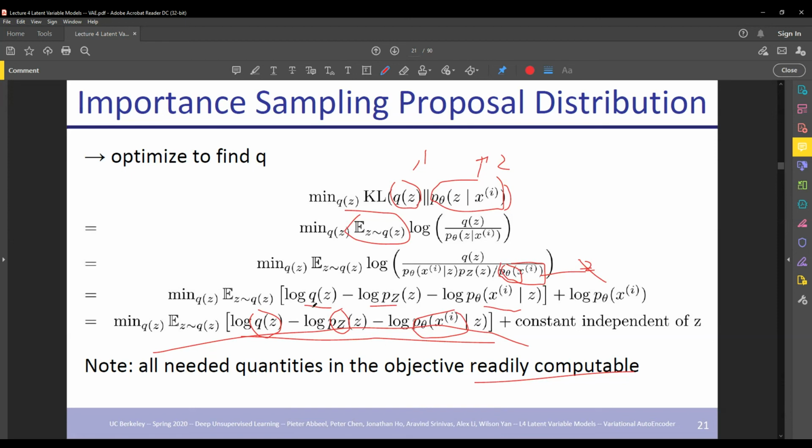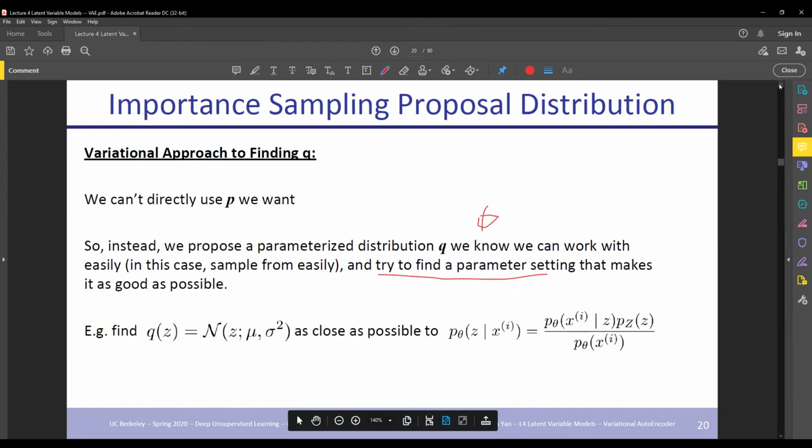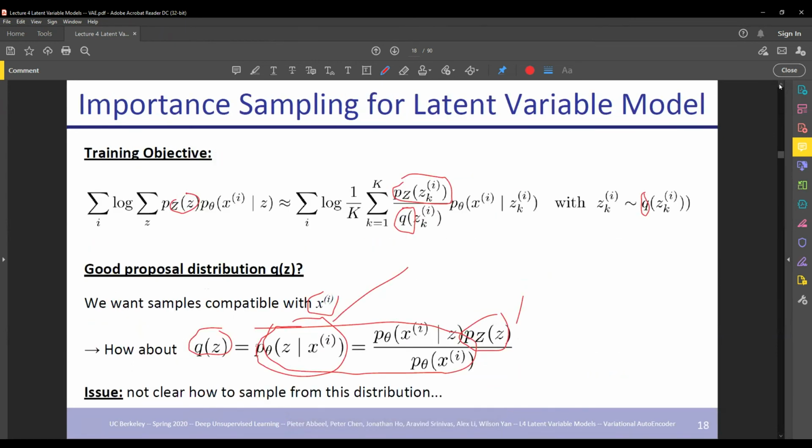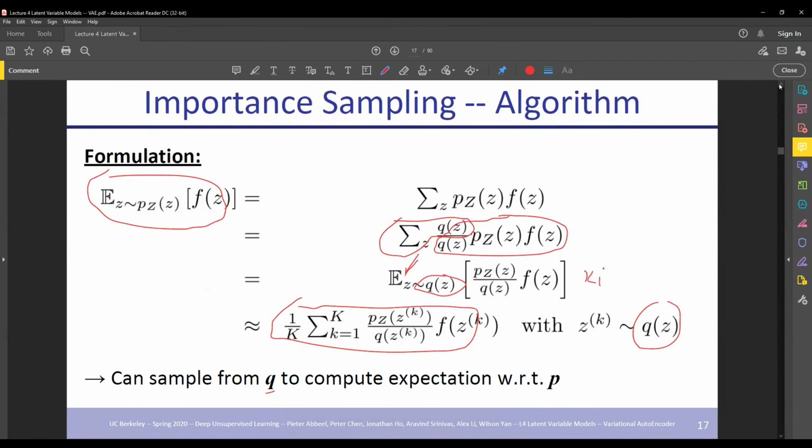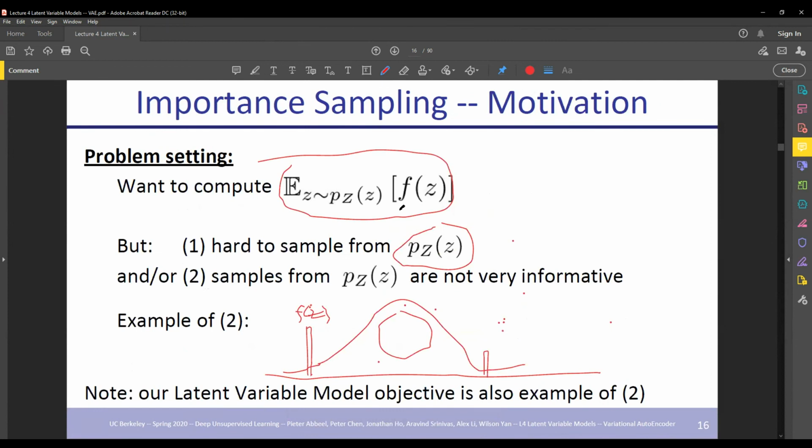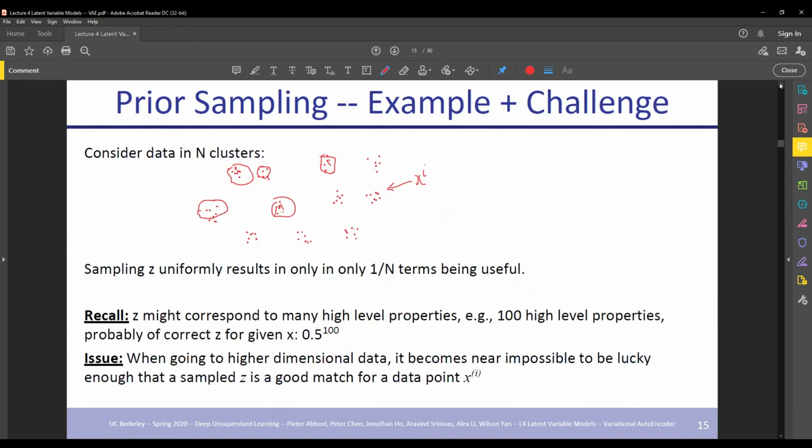So remember, what we are trying to do here is to figure out, if we back up, where we got into this was, way back here, we were just trying to compute this guy.